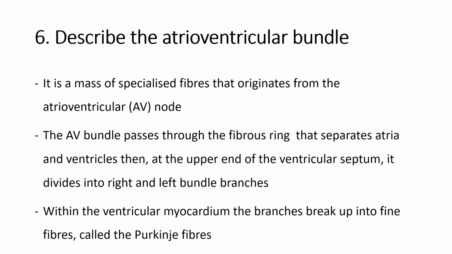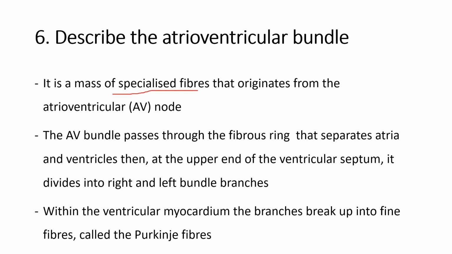It needs someone that has already attempted to study, and now you are practicing with these questions. It is a mass of specialized fiber. Don't forget the words specialized fiber. So this is very important to note.